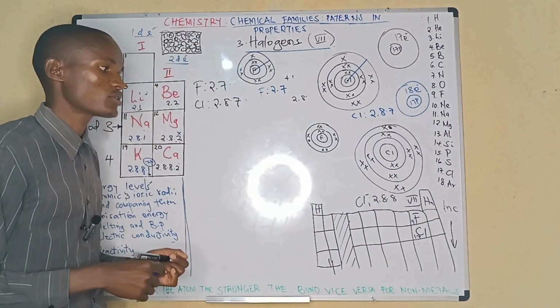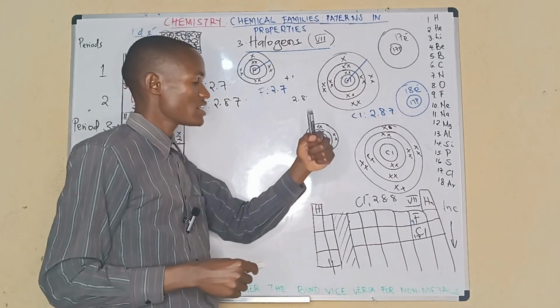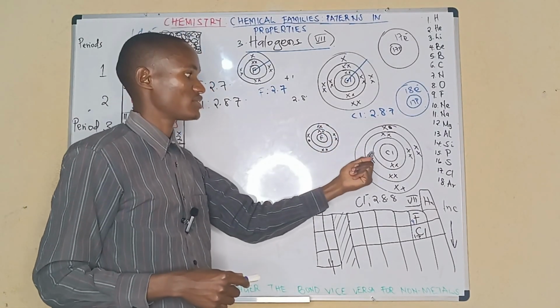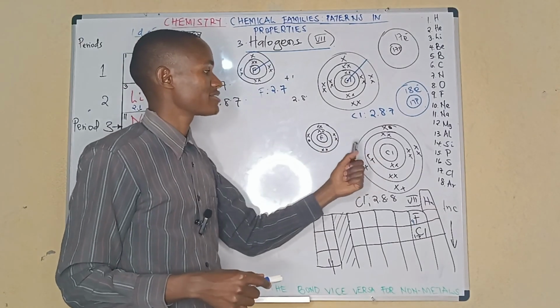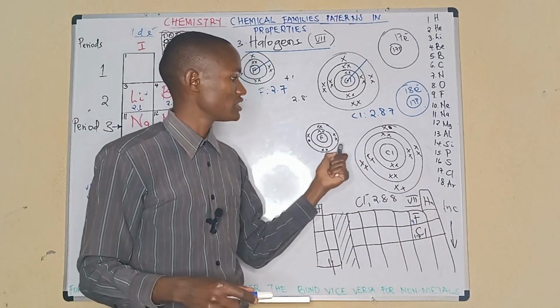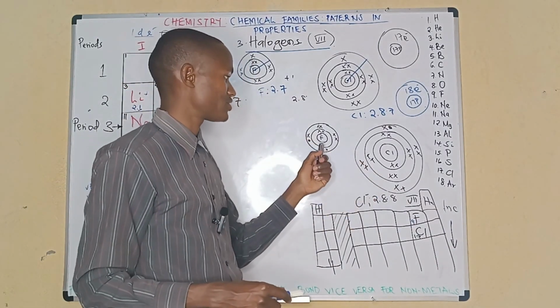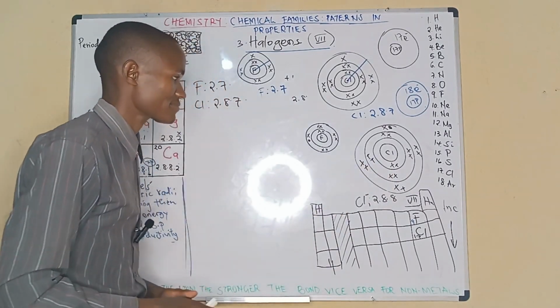It increases down the group because of the increase in the number of energy levels. Fluoride ion has 2, chloride ion has 3.